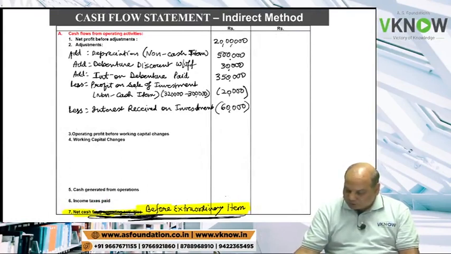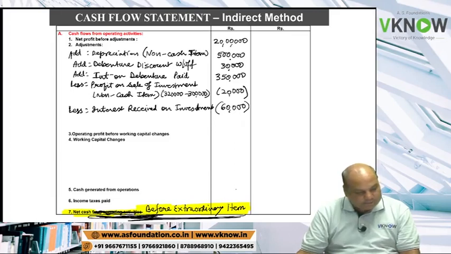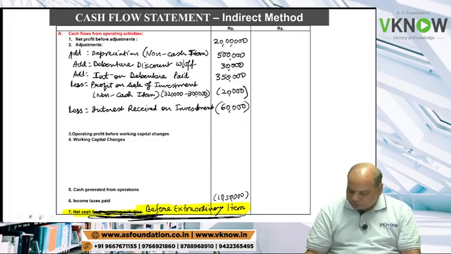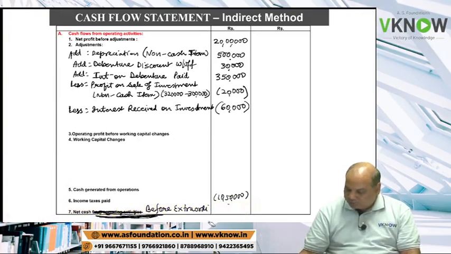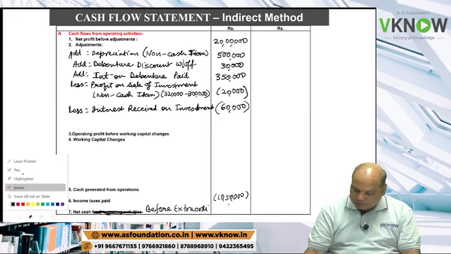Income tax paid is 10 lakh 50,000 in the first column. Income tax paid 10 lakh 50,000 in bracket.